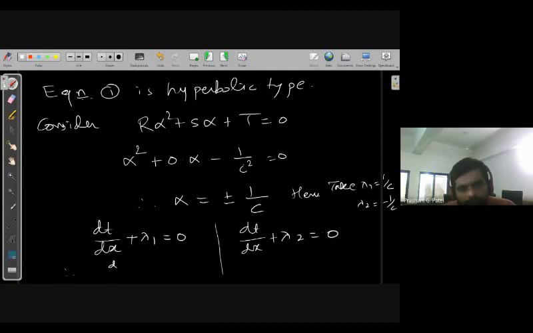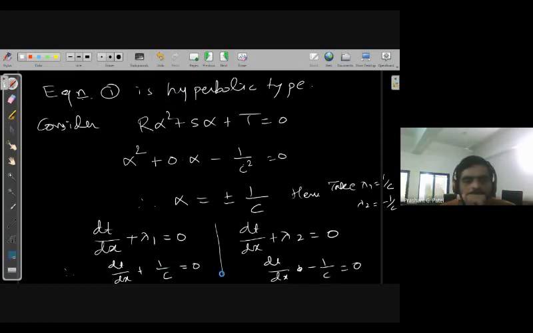So this gives dt by dx plus 1 by c equal to 0, and dt by dx minus 1 by c equal to 0.